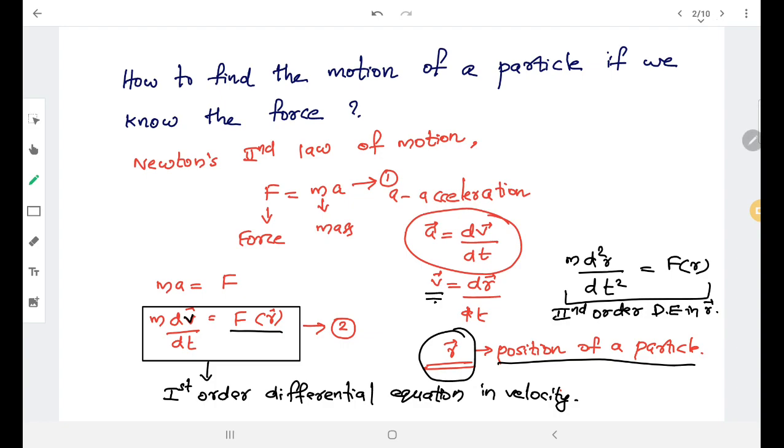The force is usually known as a function of position. For example, in the case of gravitational force, what is the equation of gravitational force? Newton's law of gravitation: force F is equal to G m1 m2 by r square.